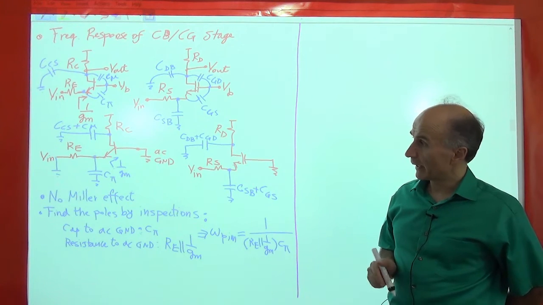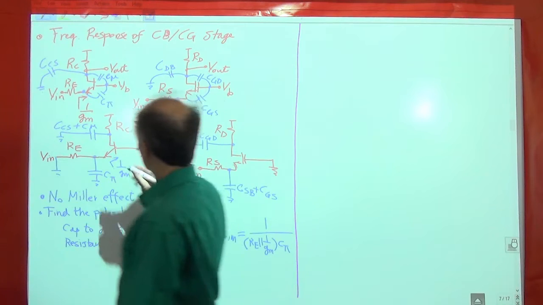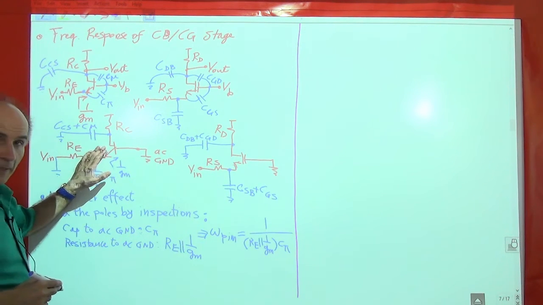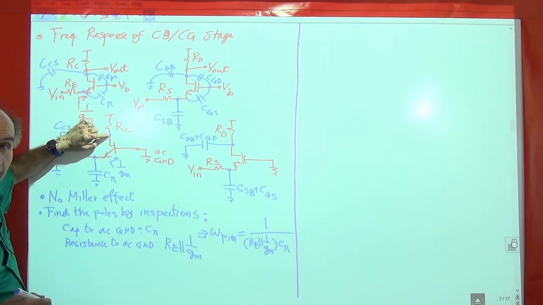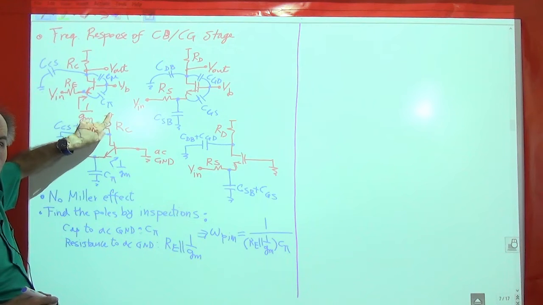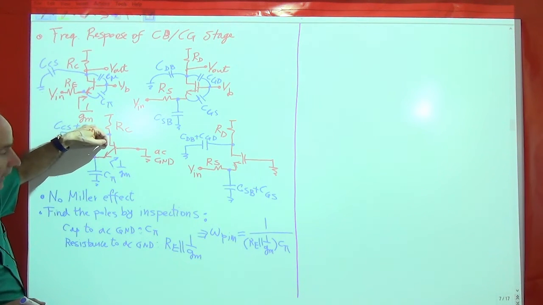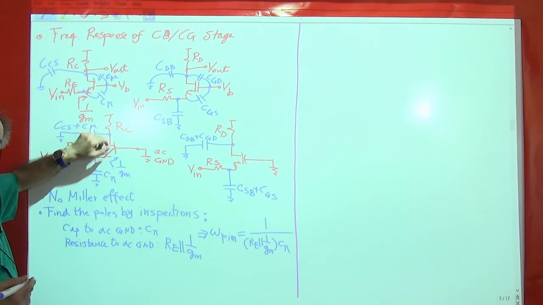Let's go and look at the output node. So at this output node, I have some resistance and some capacitance to AC ground. Okay, so how much resistance do I have here? Looking from this way to AC ground, I see RC, so that's good. Looking this way, if I neglect early effect, I see infinity, so that's fine.